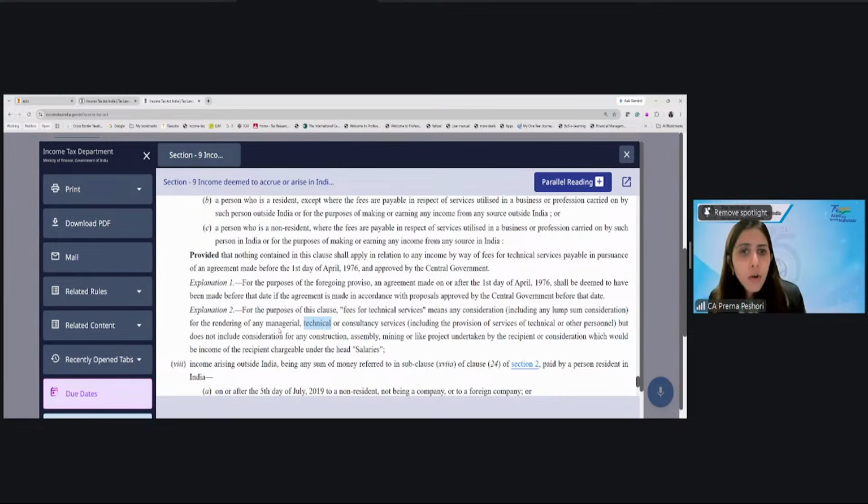So the Supreme Court referred to this principle of noscitur a sociis to say that this technical will derive its color from the neighboring words, which are managerial and consultancy. Since managerial requires human intervention and consultancy requires human intervention, technical cannot be any automated services. It also has to require human intervention.